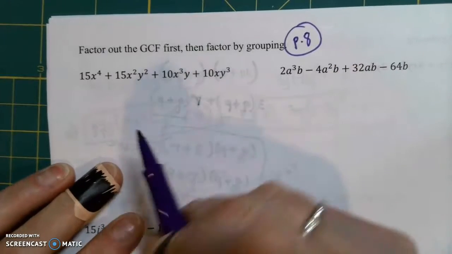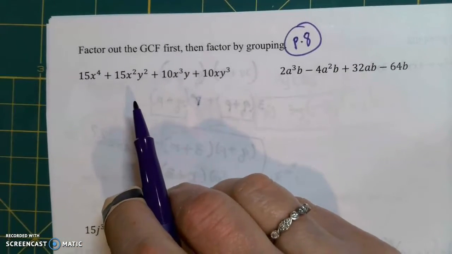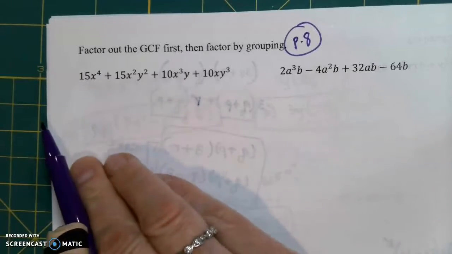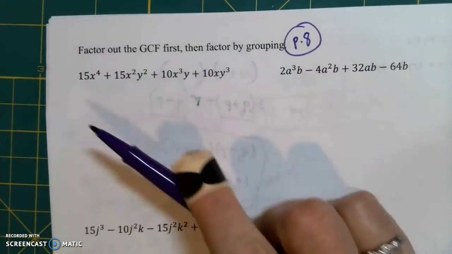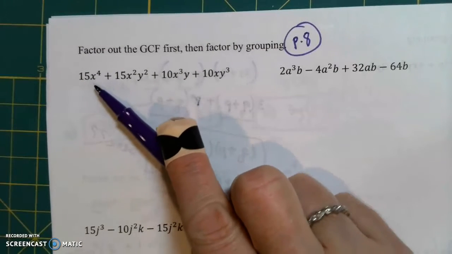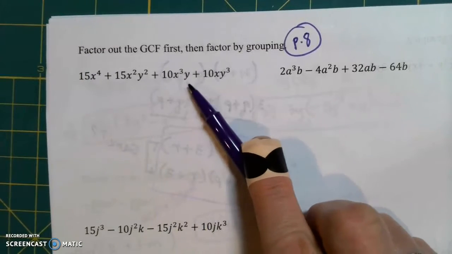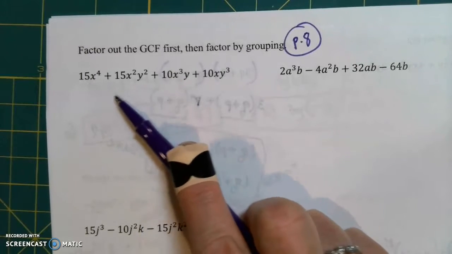Okay, so the key with these is you have to remember that it has to be in every single term if it's something that we are factoring out as a greatest common factor. So if I look at the first term here, there's only x's here. So I know that I'm not going to actually pull any y's out of this because there aren't any y's in the first term.